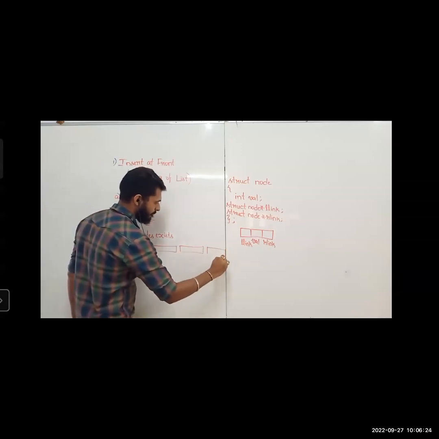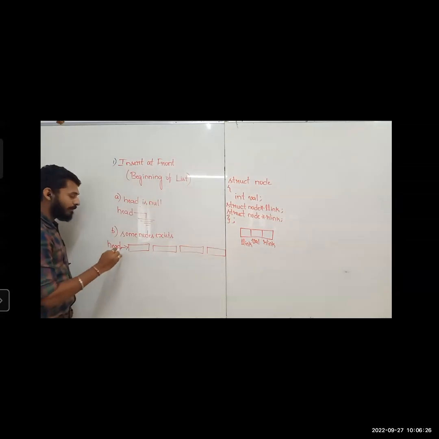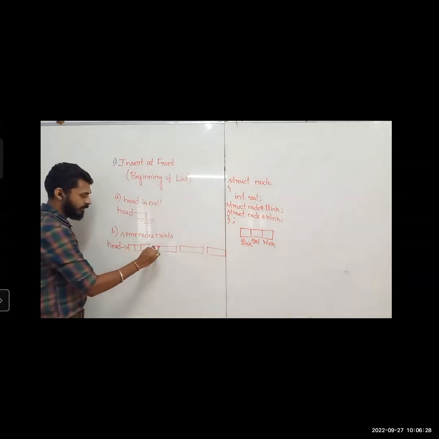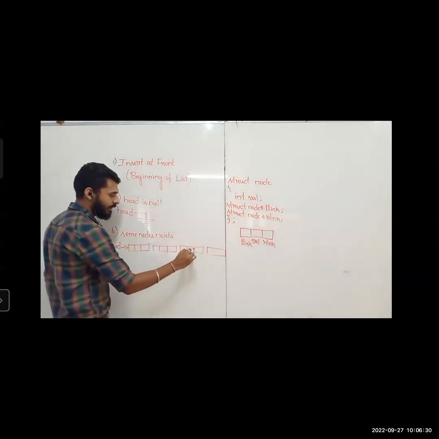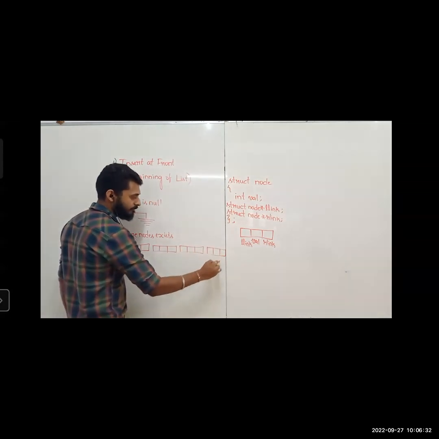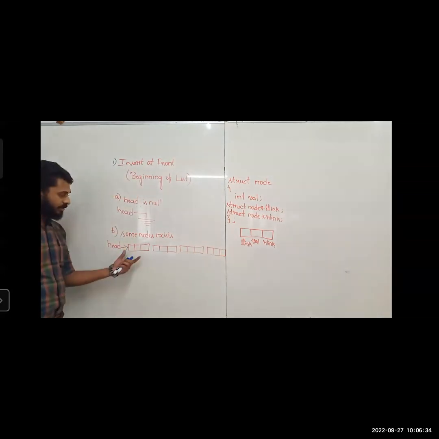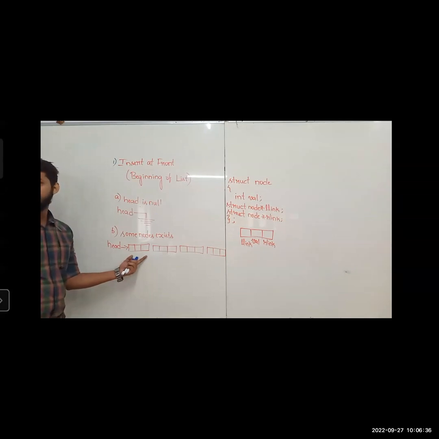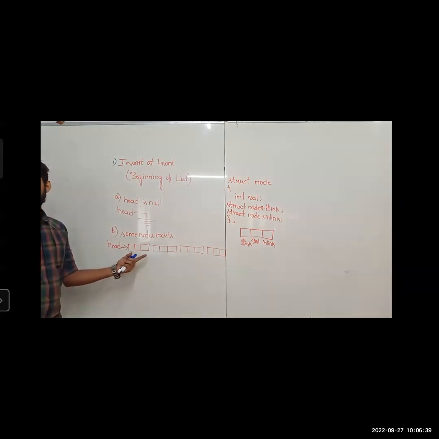like this. How many parts will be there? So overall, how much memory is required for each node? Think and answer. Because in single linked list itself, I have told you for each node you need 8 bytes.